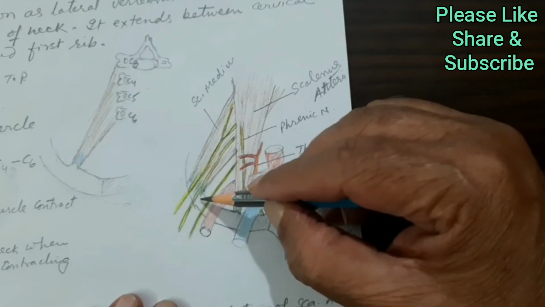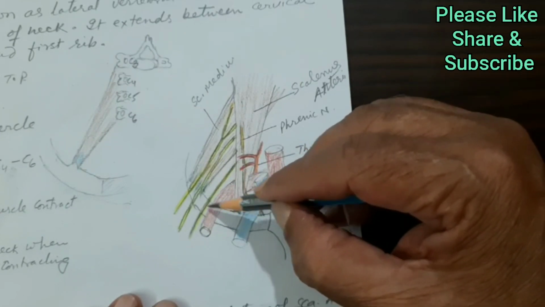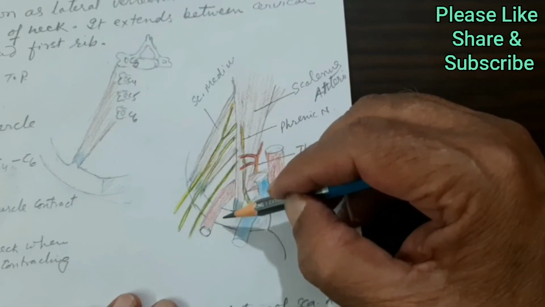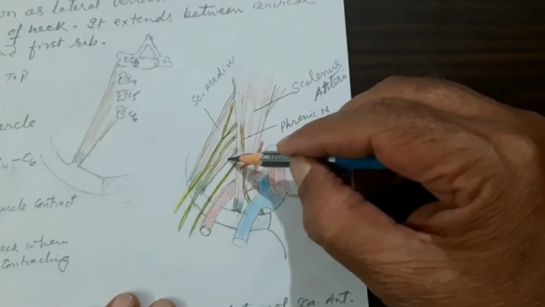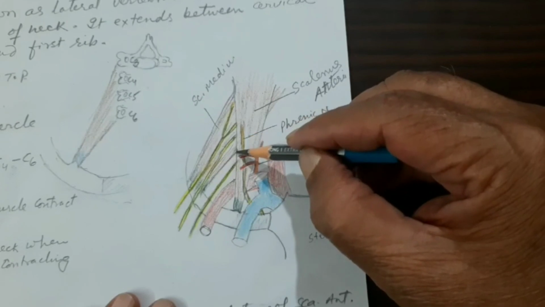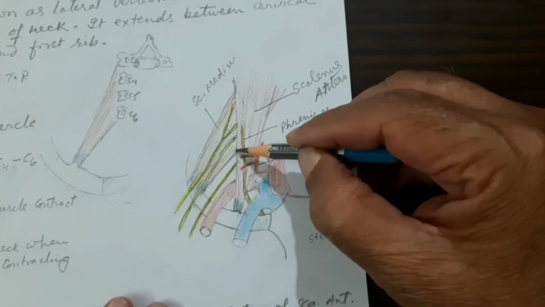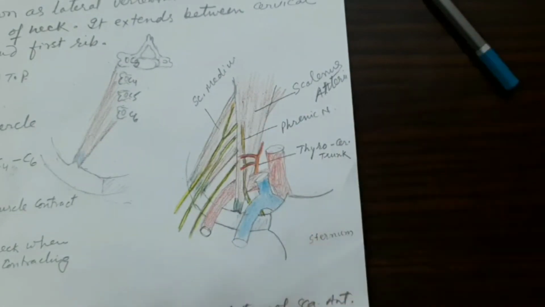And then the base is formed by the rib. See here, this is the first rib, the base of this triangle is formed by the first rib. And the apex is where the scalenus anterior crosses the scalenus medius superficially. This is the apex of the triangle.